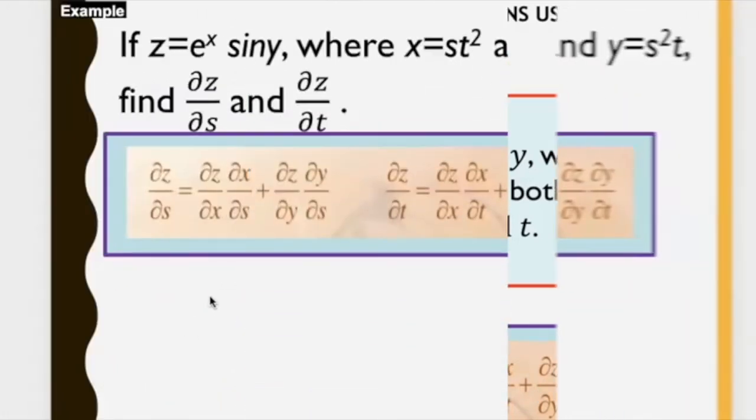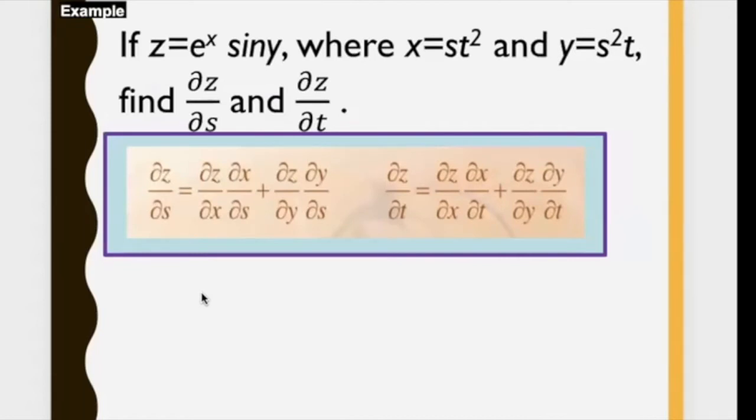So here we have an example. For this example, we have z equal to e to the x sine y, where x equals st squared and y equals s squared t. We need to find the partial derivative of z with respect to s and the partial derivative of z with respect to t.